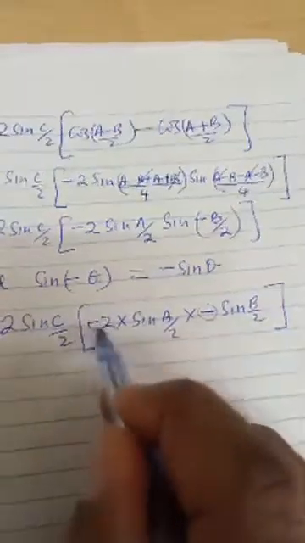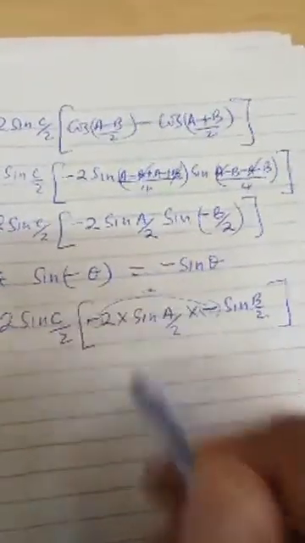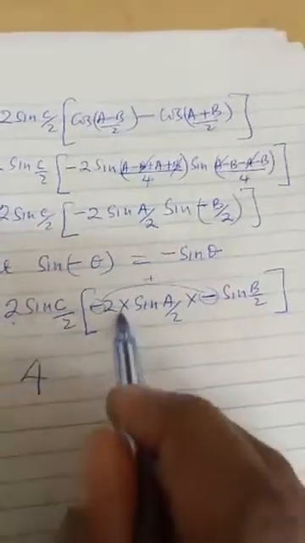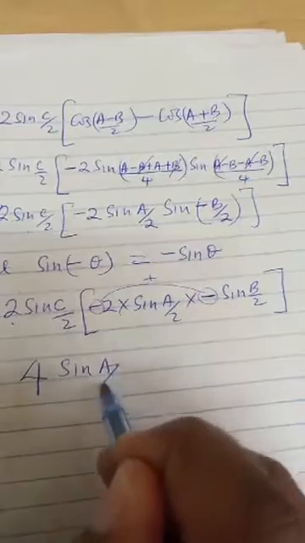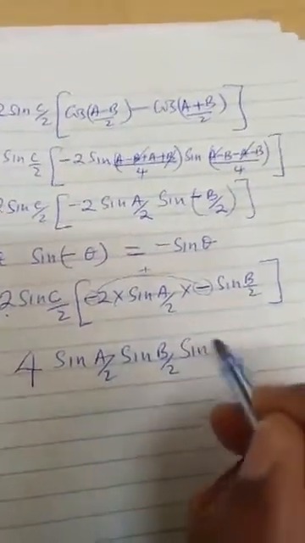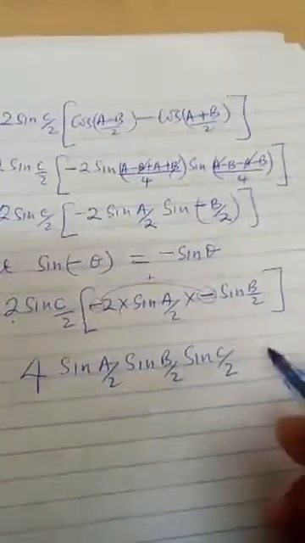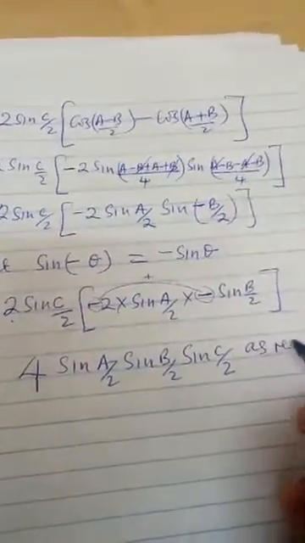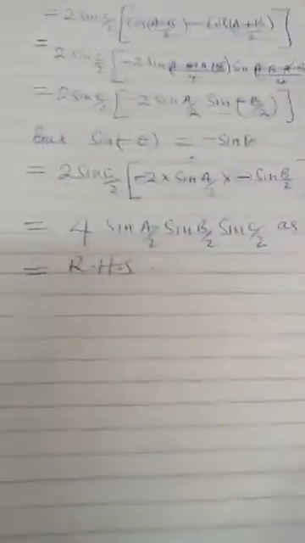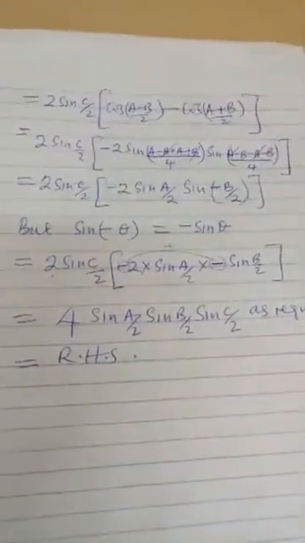This and that will merge to give us a positive, and our answer will become 2 times 2, which will be a 4, the sine of a over 2, the sine of b over 2, and the sine of c over 2, as required, because this is now equal to the right hand side. So at that stage, we will have proved our expression as required.